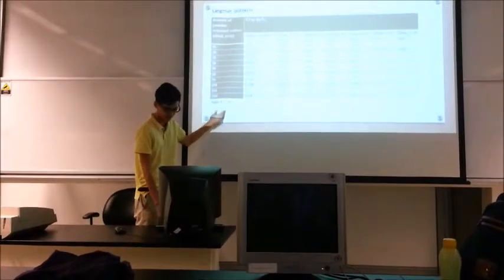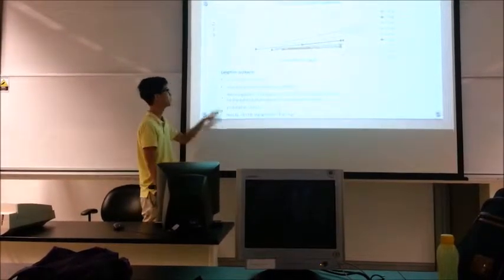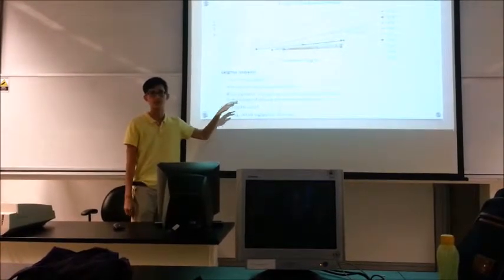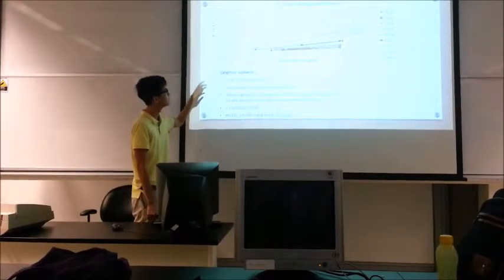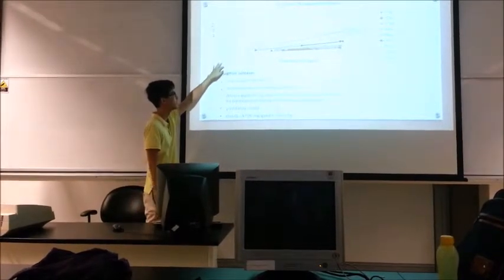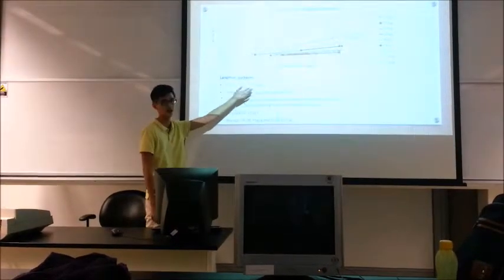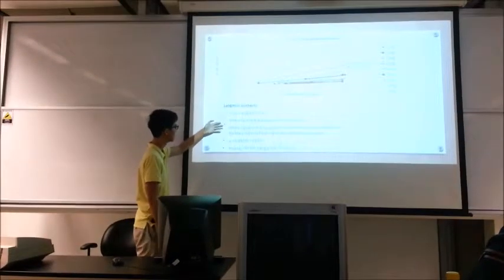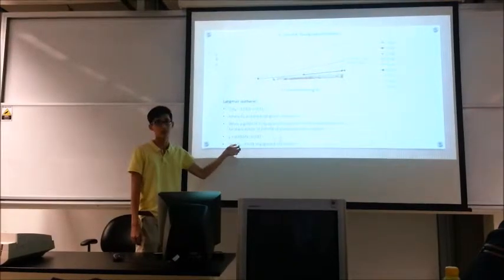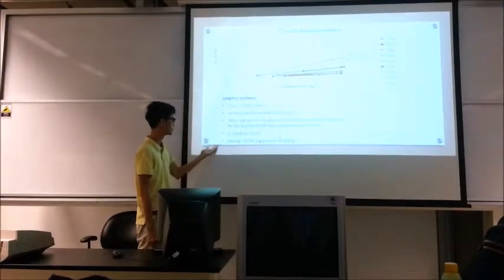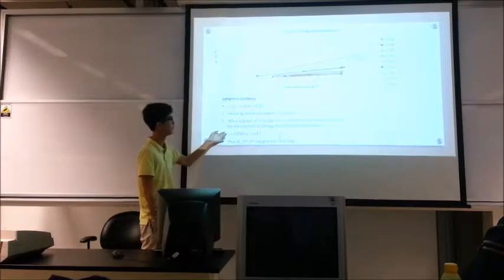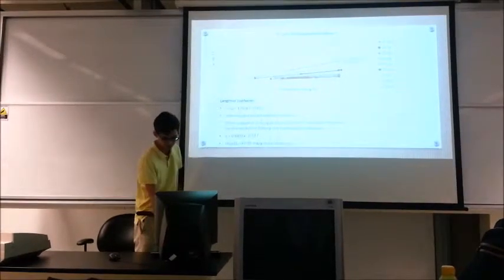After that, we plot a graph of C divided by QE versus C, and this is the graph that we plotted, and that is the equation of the curve that we get. The constant for the Langmuir isotherm can be calculated using the equation that we obtained from the graph that we plotted.